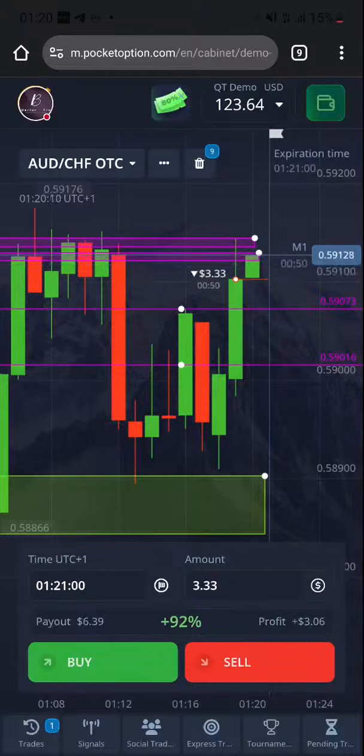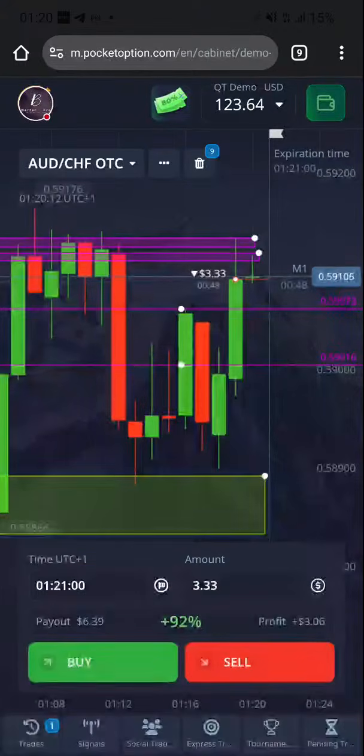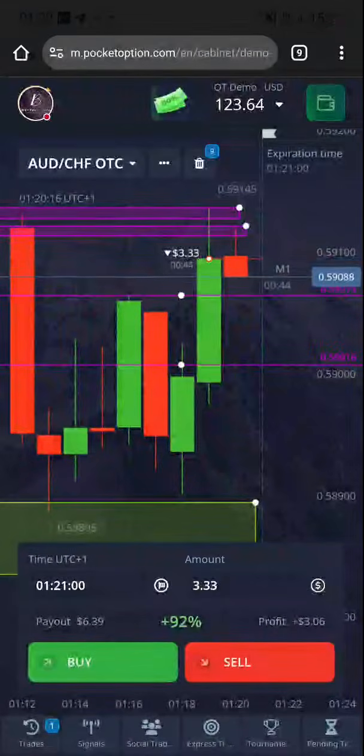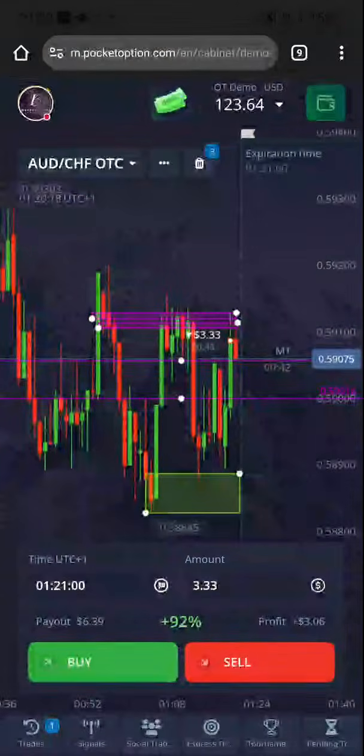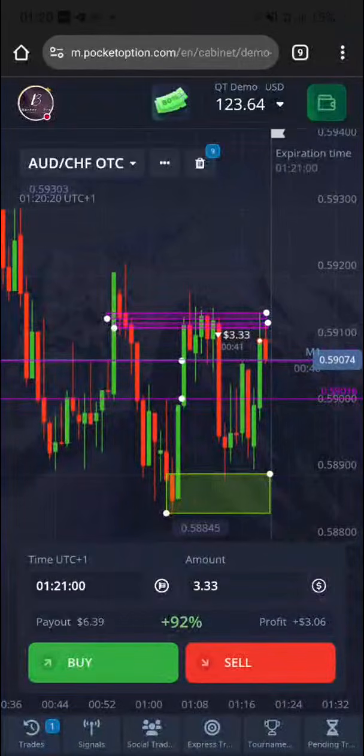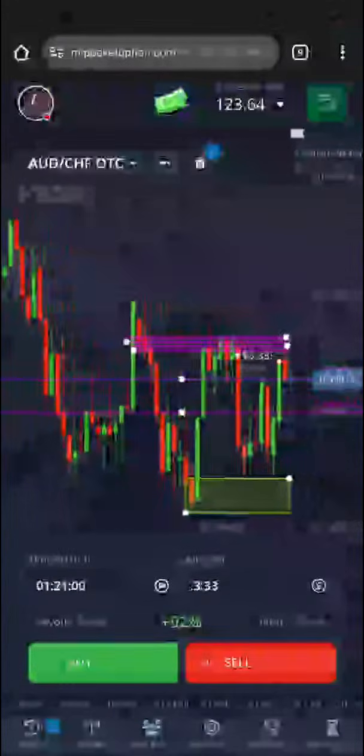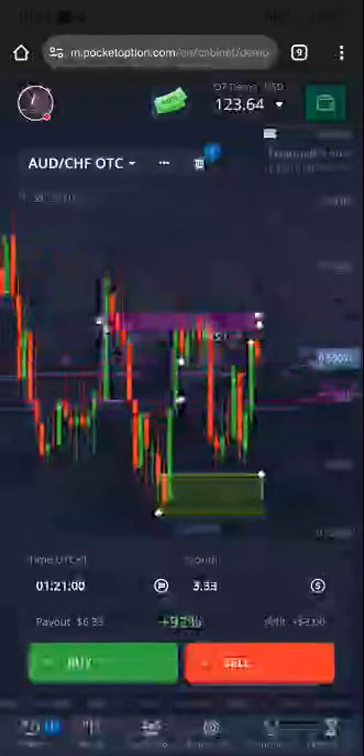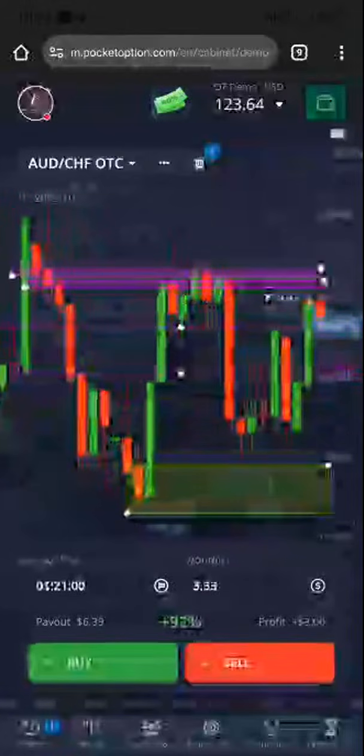You can see how I reduced the amount because I don't see it as a sure shot, but I still want to take the trade anyways. Another thing: the highest number of green candles I've seen so far is 2. Look here, we have 2 green candles, then all the way we have another 2 here.